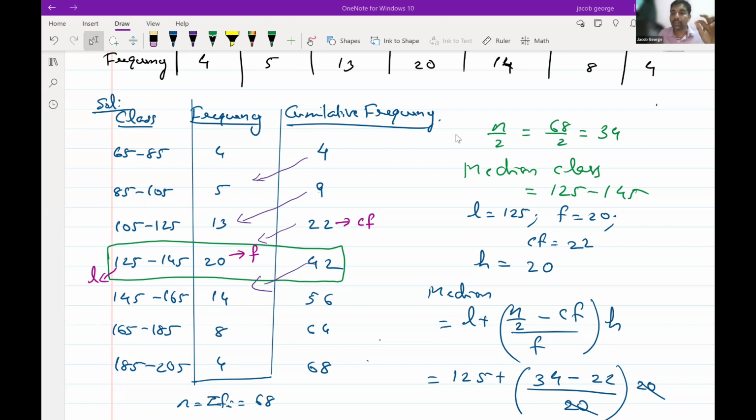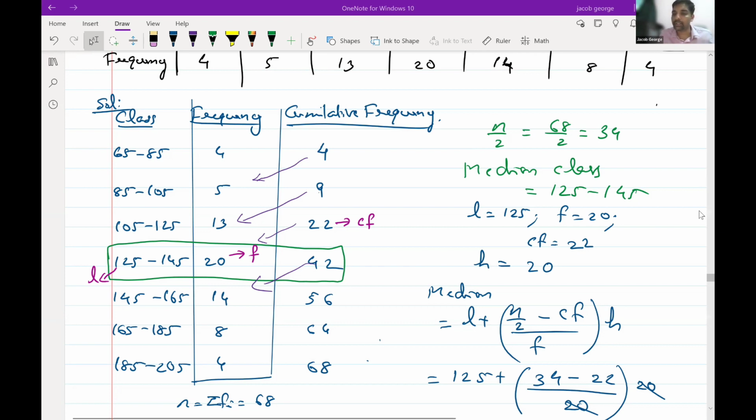So the median class is 125 to 145. We calculate n, the total frequency or the last cumulative frequency. Then n by 2, 68 by 2, it is 34. Then the cumulative frequency just greater than n by 2 is 42. That class is the median class.